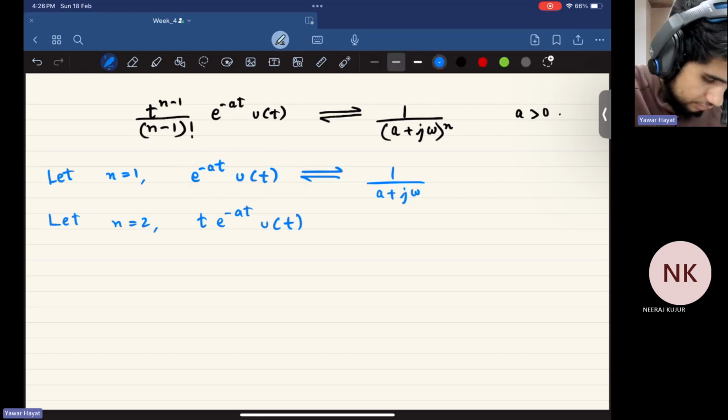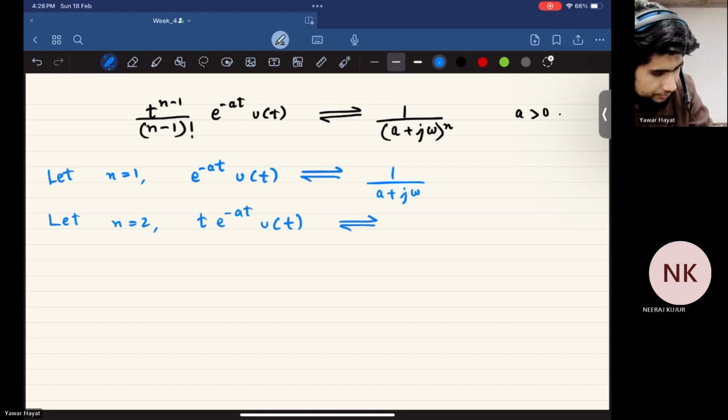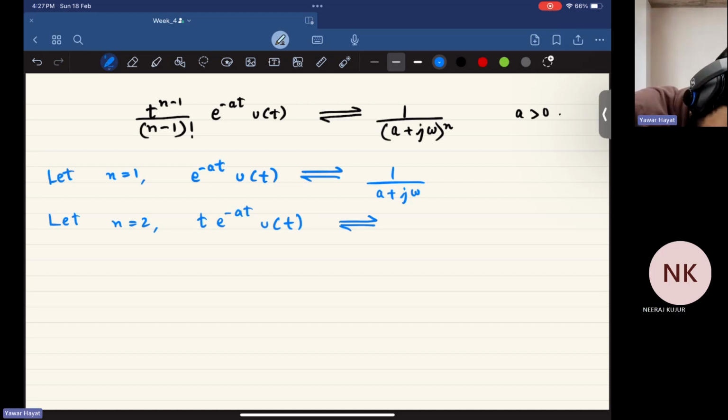The Fourier transform of that should be j d by d omega of 1 by a plus j omega.